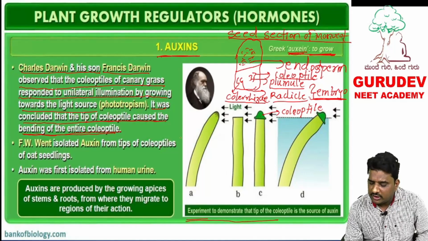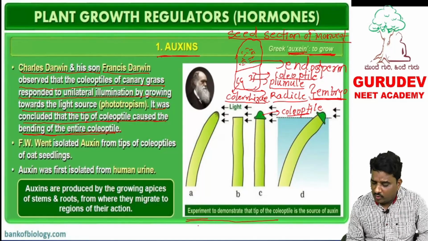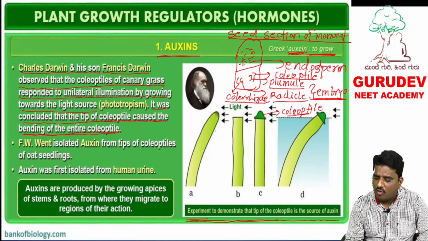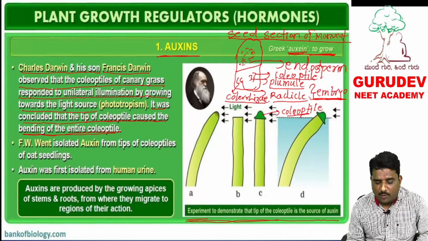That means the plumule gives rise to the shoot, and the shoot tip has the coleoptile. So that is what we have to study. The experiment demonstrates the tip of the coleoptile is the source of auxin. How will the coleoptile respond?